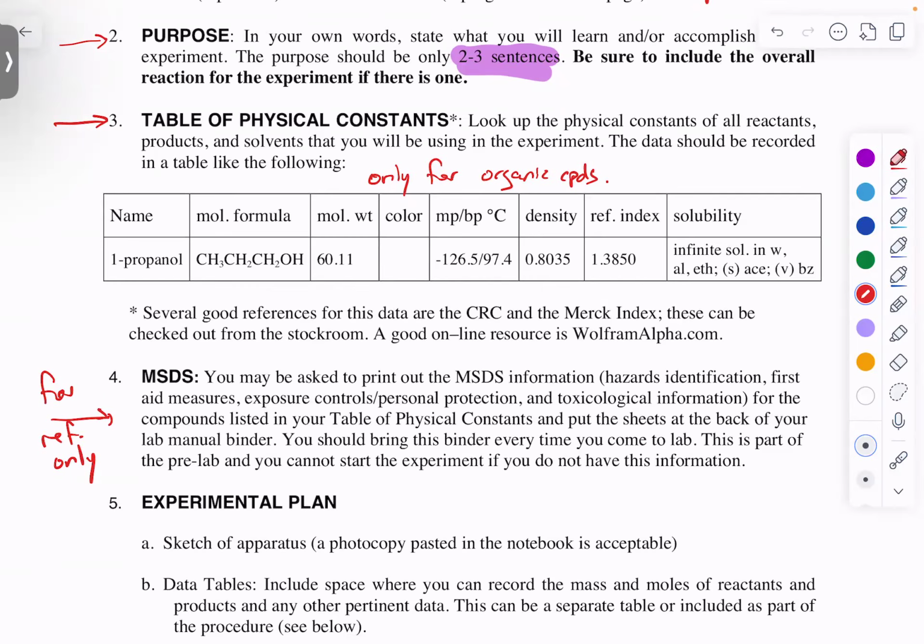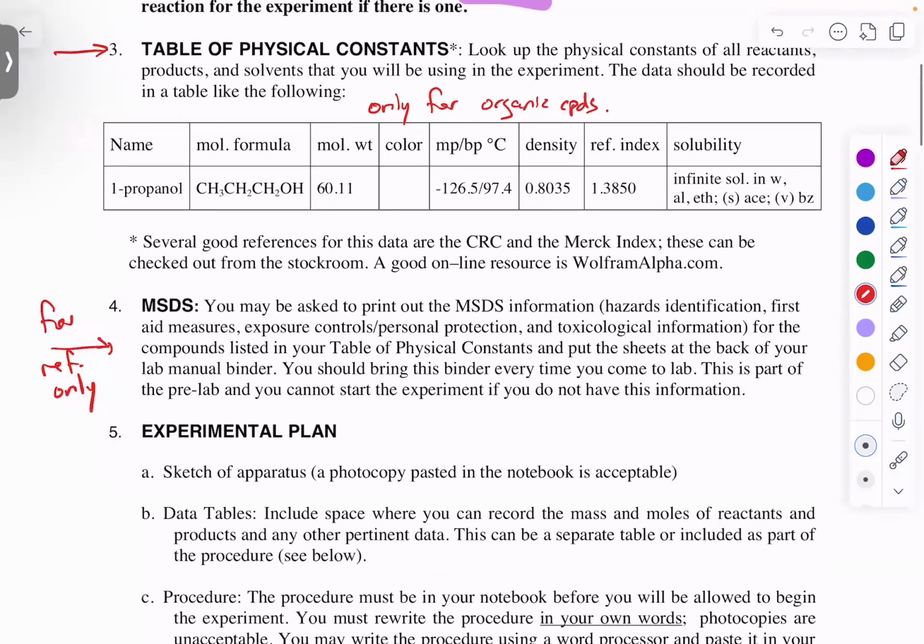I have them here only because it is a good idea anytime you're working with something new to refer to these MSDS, or sometimes they're just referred to as SDS, safety data sheets, so that you have an idea of the safety concerns that accompany the things you're working with. But again, that's just for your reference only. Do not submit them or print them. It's just for your information.